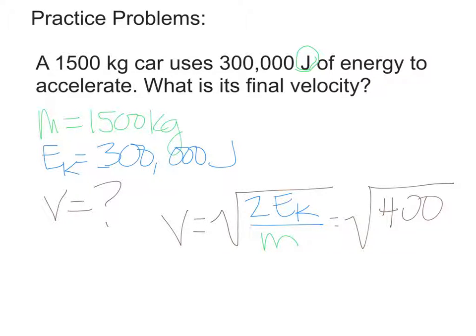When you plug in the numbers, you get v equals the square root of 400, which means v equals 20. And since we're talking about velocity, that should be measured in meters per second. Hopefully you got the right solution. Let's go on to the next problem.